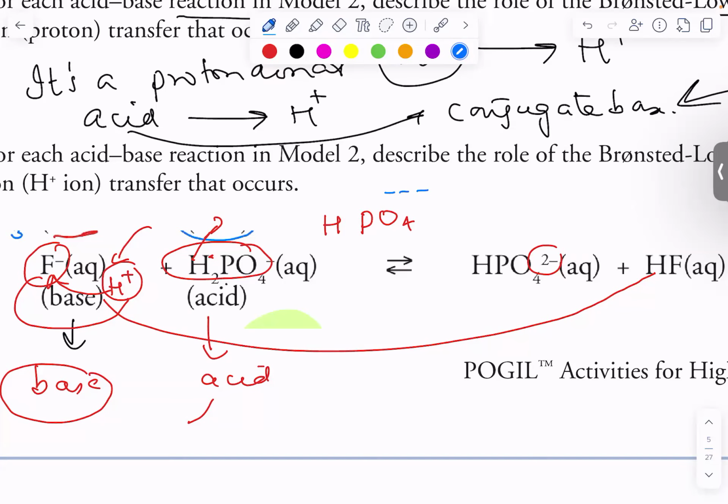So how many hydrogens can you see here? One. So each hydrogen has a charge of +1. Now this plus would be cancelled by this negative. How many negatives are left? Two. So it'll be HPO4 2 minus. There you are.